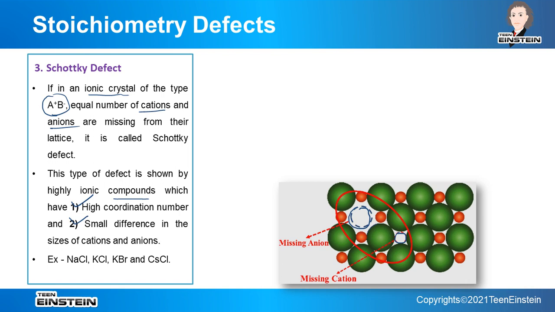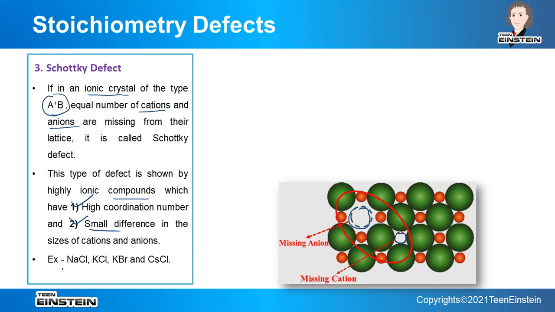Fine. So remember these two points, based on which we can observe either Schottky defect or Frenkel defect, because you will see in Frenkel defect the conditions are totally opposite. So if in any ionic solid the size of cation and anion are very close, though we know that anions are always larger than cations because there is more electron density, but if their sizes are very close to each other, that is a small difference between their size, then there is a tendency to form Schottky defect.